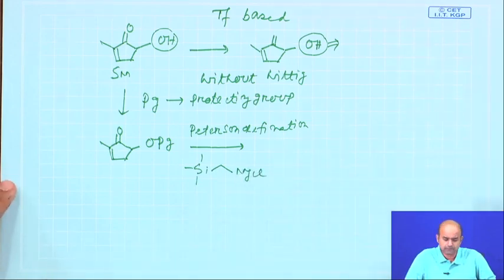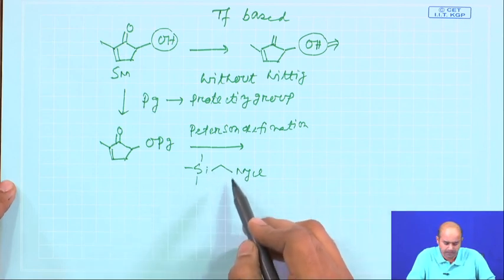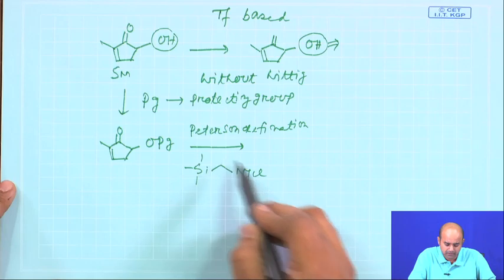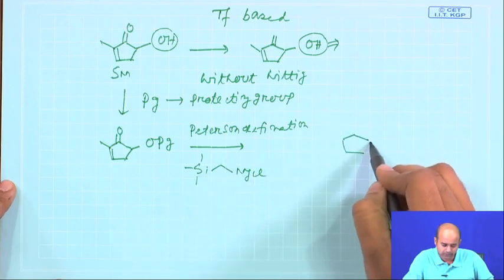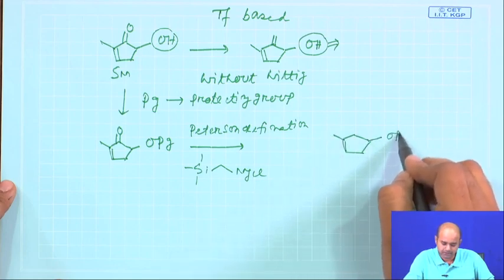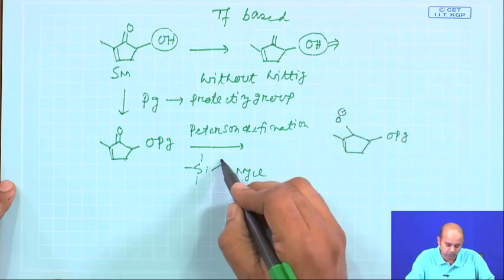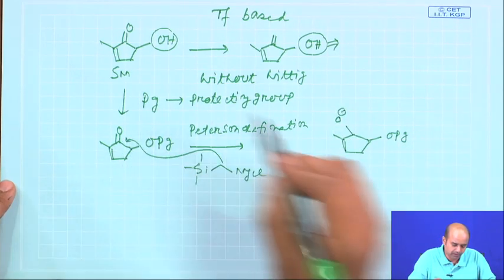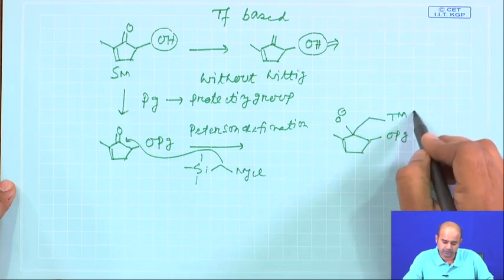The reaction is basically similar. TMS CH2 MgCl means you have a TMS CH2 minus and MgCl plus. So, the first step: OPG is here and you will be getting O minus, your TMS CH2 basically attacks the carbonyl here and you get CH2 TMS.